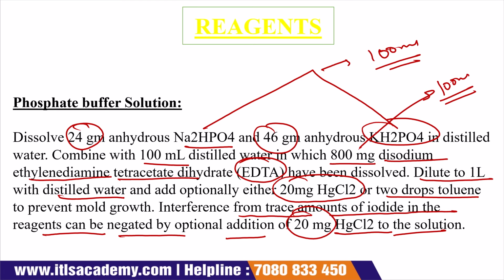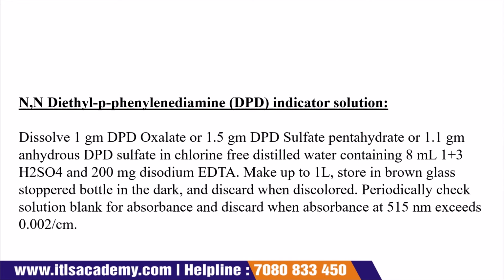After the preparation of the phosphate buffer, we prepare N,N-diethyl-p-phenylenediamine, that is your DPD indicator.